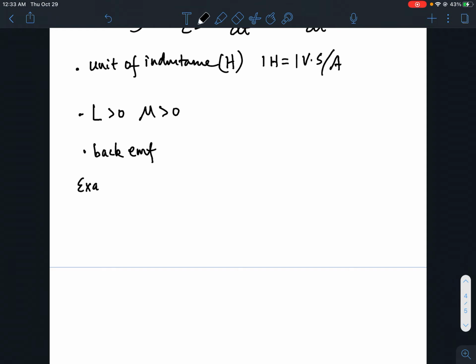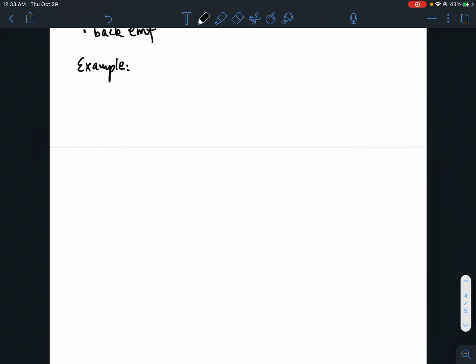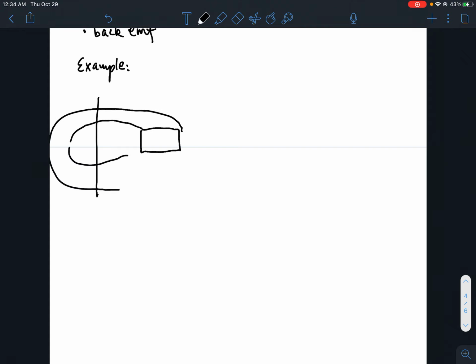Now I just want to give one final example of how to calculate the self-inductance. We are talking about a toroid, which has this donut shape. In principle it is really a donut shape like that, but here I only look at the cross section, just a cut.